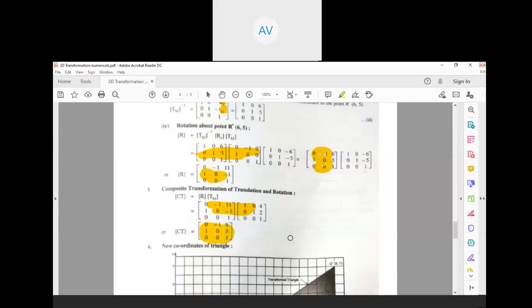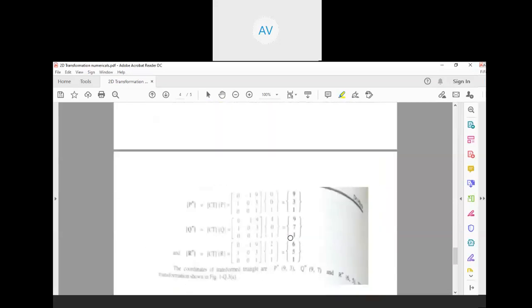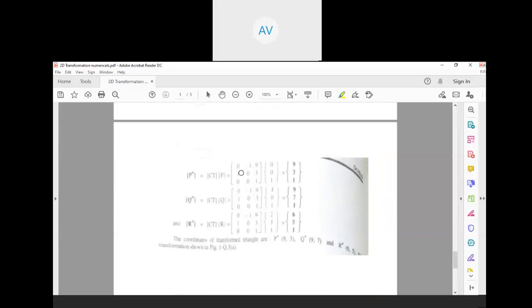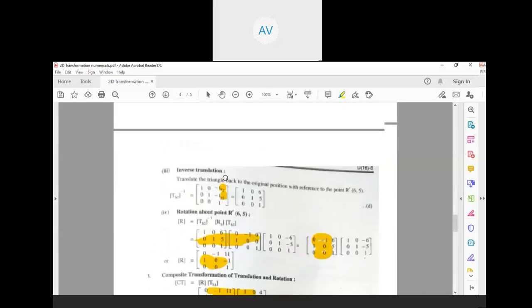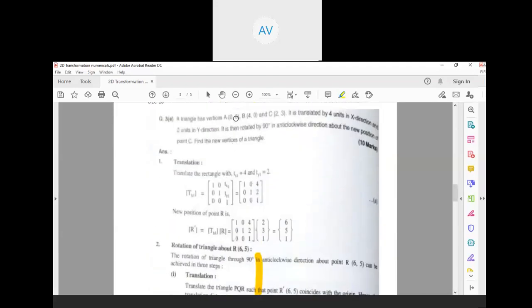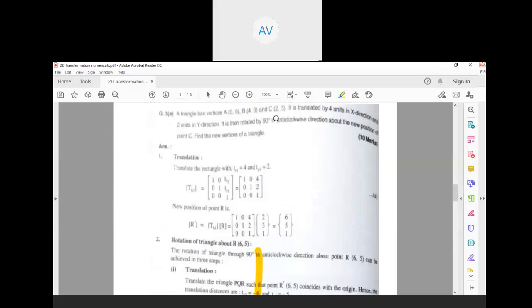Then once we get the composite transformation matrix, we will multiply it with the original coordinates. What were the original coordinates? 0 0, 4 0, 2 3, right?